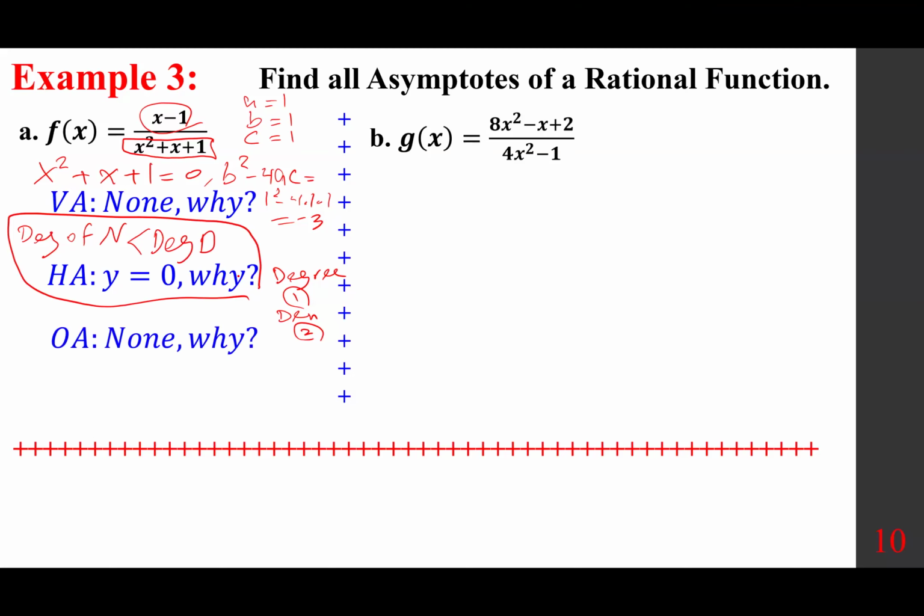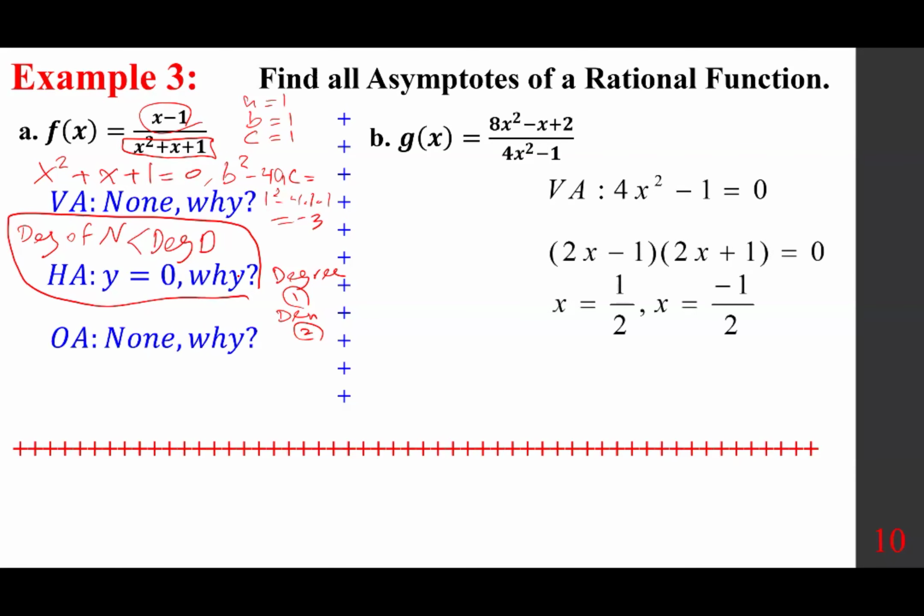All right, so for part B, we're going to put 4x squared minus 1 equal to 0. We can factor it into 2x minus 1, 2x plus 1, or you can say 4x squared equals 1, x squared is 1/4, you get plus minus 1/2. So I hope you see that.